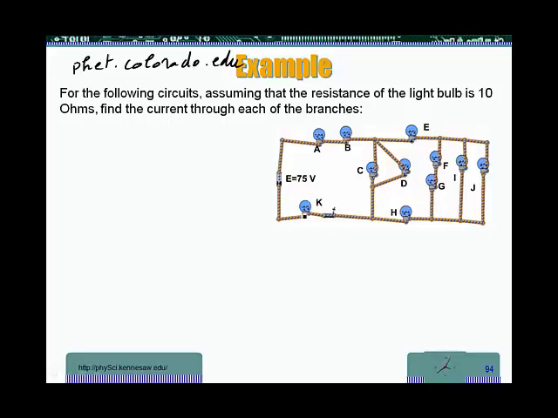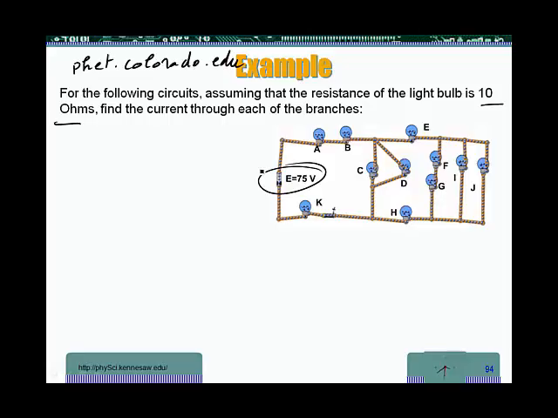Okay, I use the default resistance for all light bulbs, which is 10 ohms, but then I changed the voltage of the power source to 75 volts. Those are all identical light bulbs. And the question here: assuming that all resistances are 10 ohms, find the current through each of the branches.